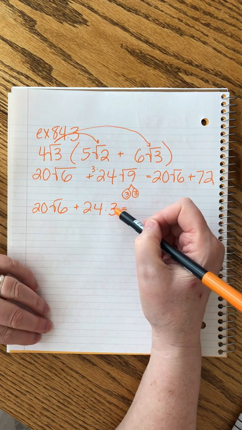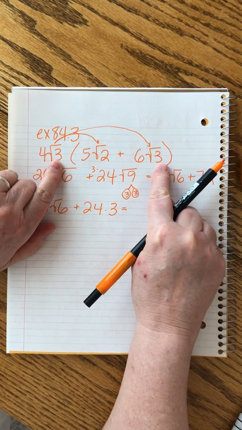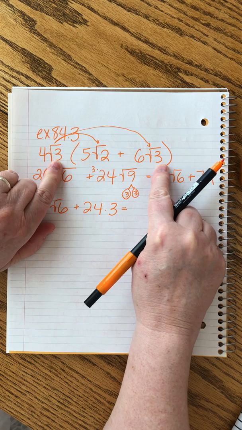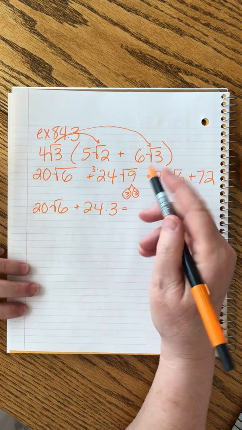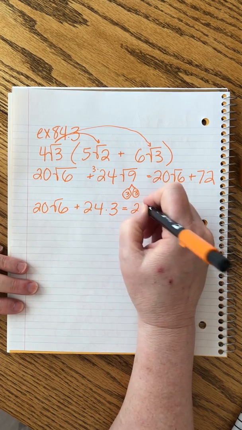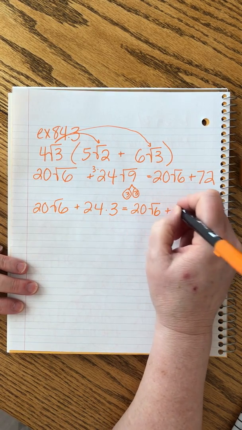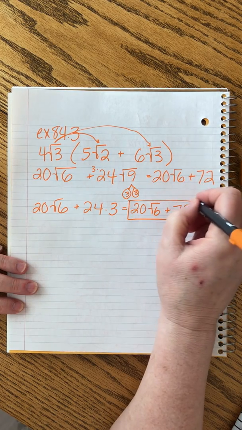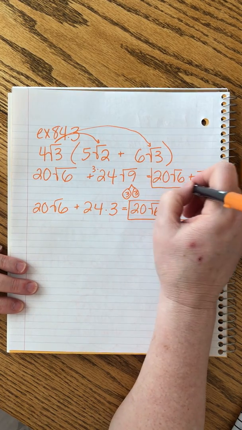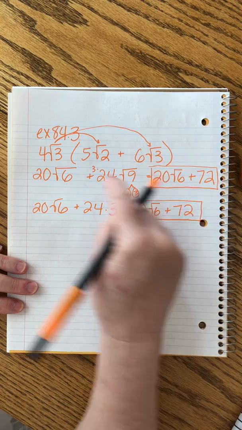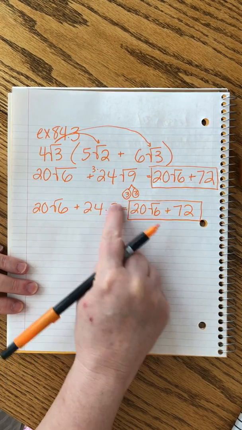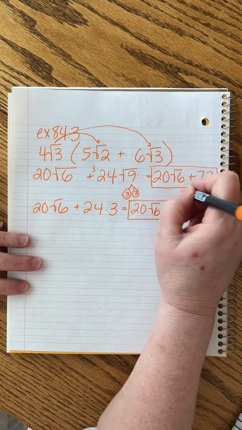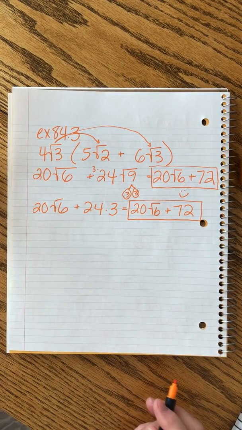But if you do notice right away, go ahead and do it. So then again, we get the same answer, 20 square root of 6 plus 72. Either way is fine. As you do more and more of these, your brain will tend toward this. You'll tend to catch it earlier. But it's okay if it doesn't. Don't worry about that.